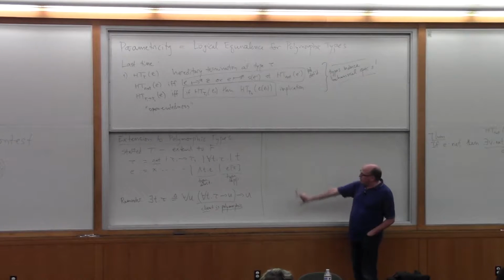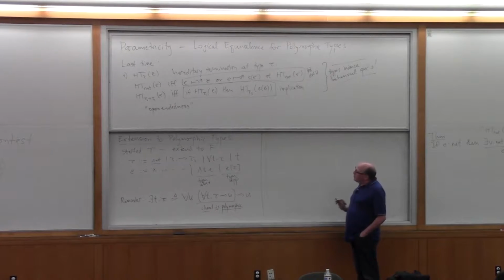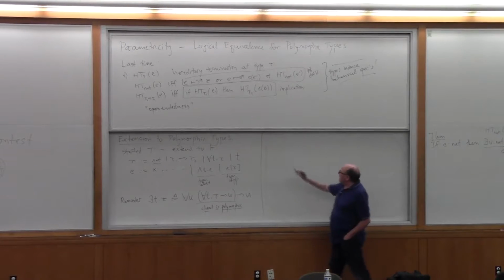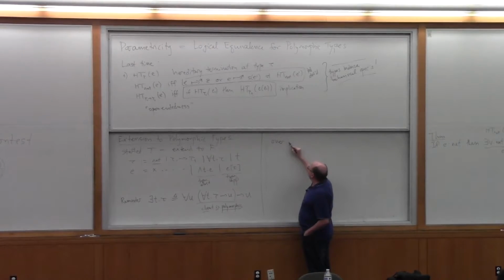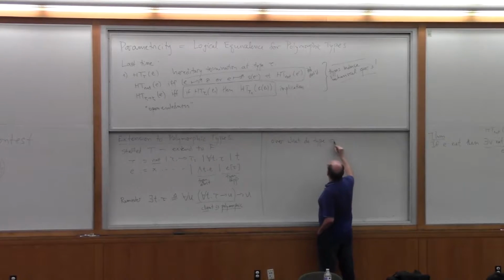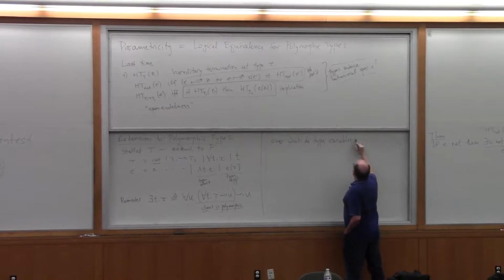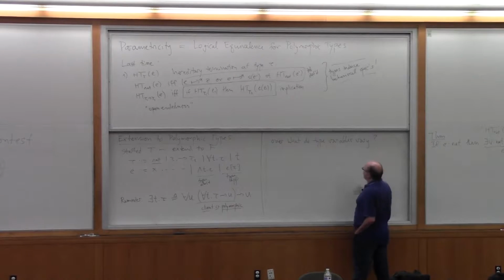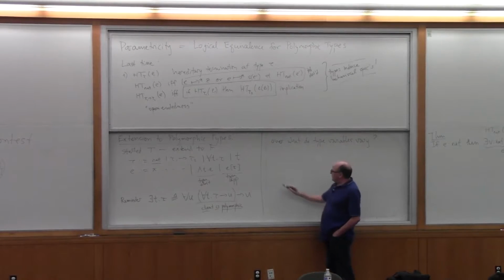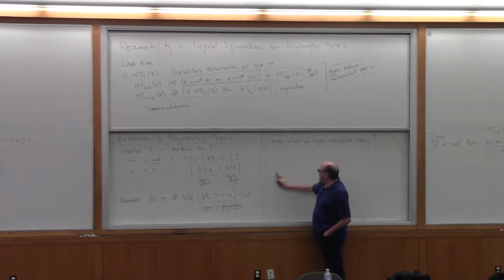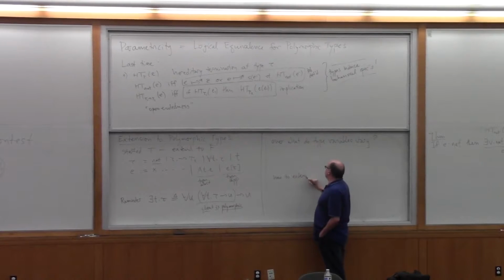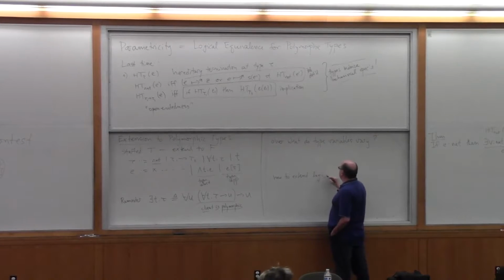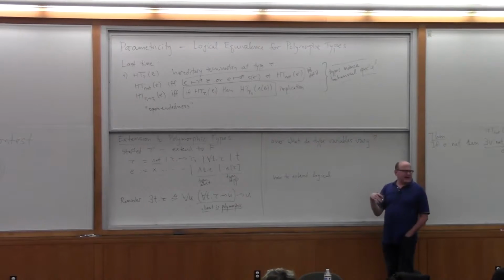Okay, good. So that's the syntax we're setting up. So the question we have is, over what do type variables vary? This is important. If they're variable types, over what do they vary? That's an important preliminary question, and then the real question is how to extend the notion of logical equivalence. It's easy. Observational equivalence is defined in exactly the same way.